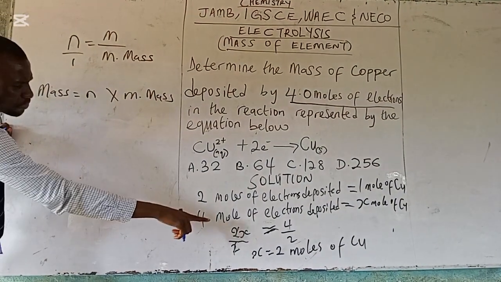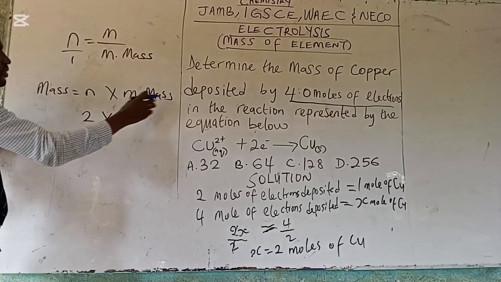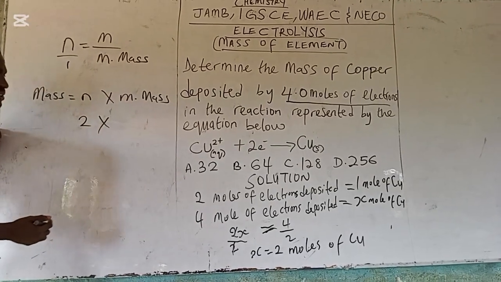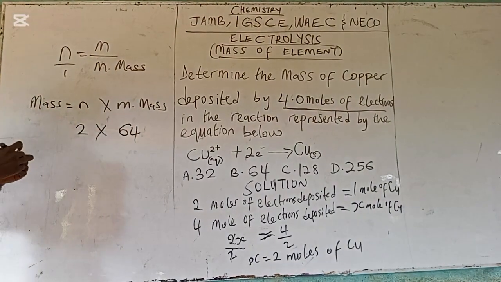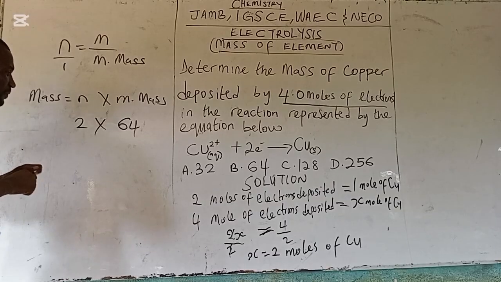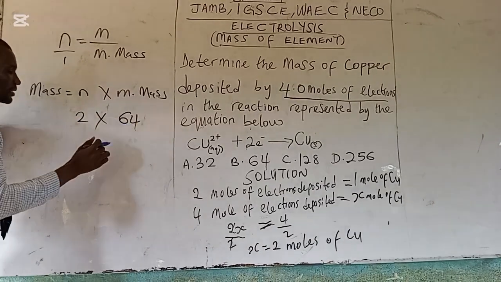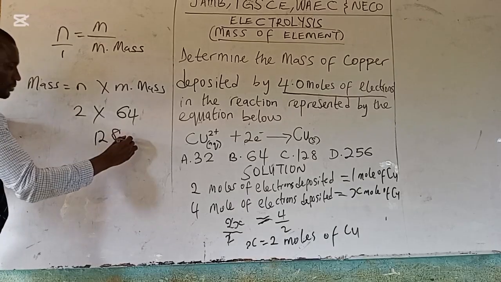Now our number of moles there is 2, times the molar mass of copper, which is constant, 64. It's not given in the question, but we are expected to know some molar masses of elements. So 2 times 64 will give us 128 grams.